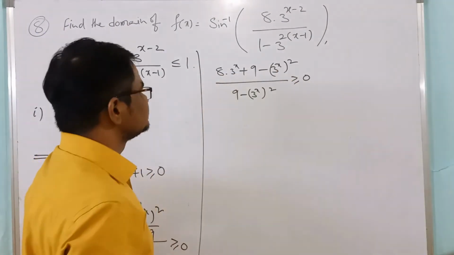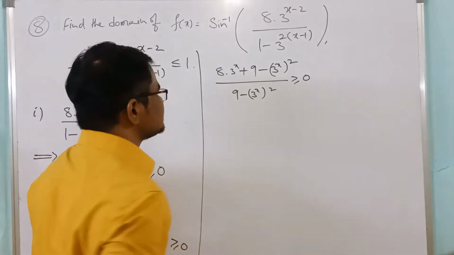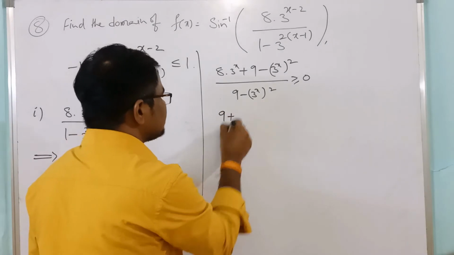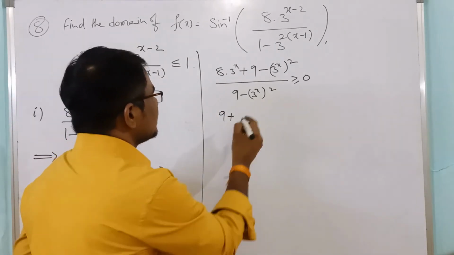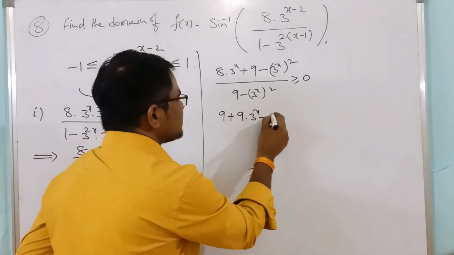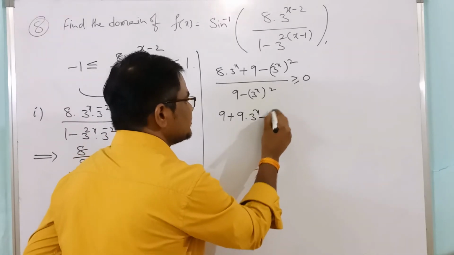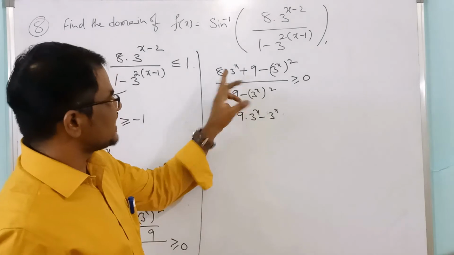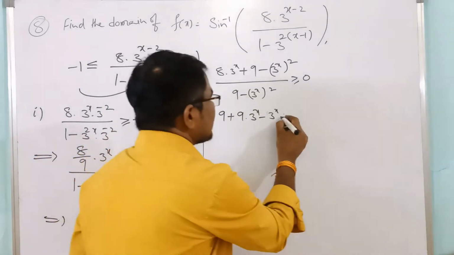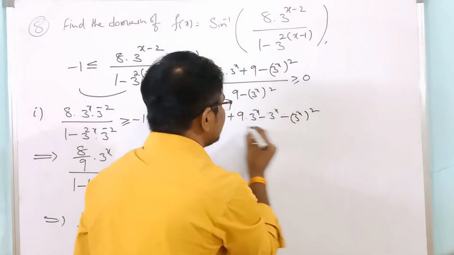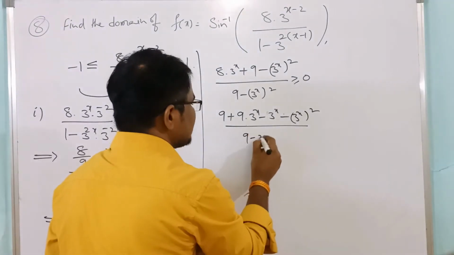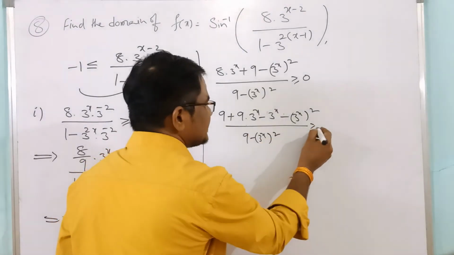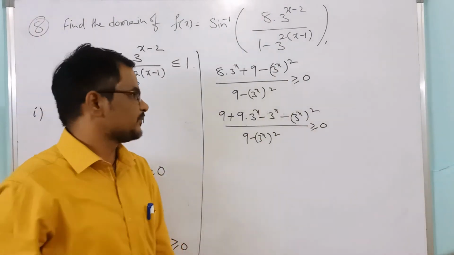Factorize this one. So this can be written as 9 plus 8 into 3^x minus (3^x)^2 divided by 9 minus (3^x)^2, greater than or equal to 0.